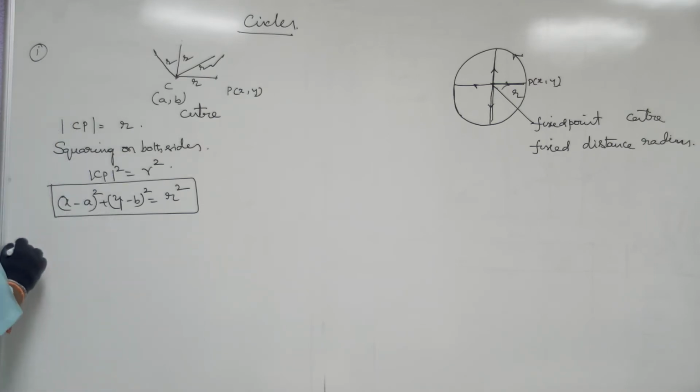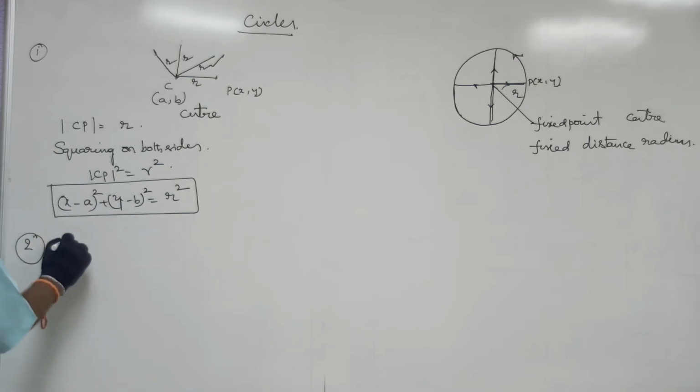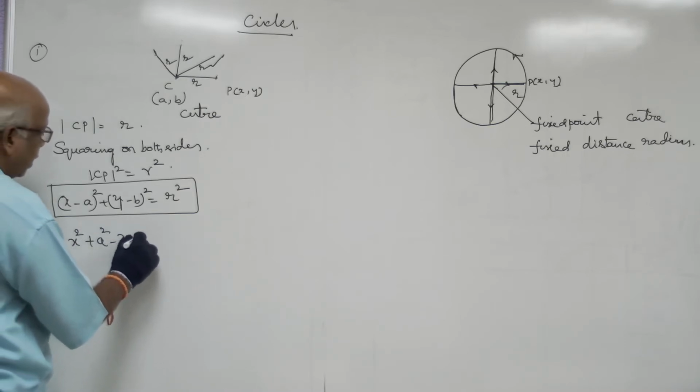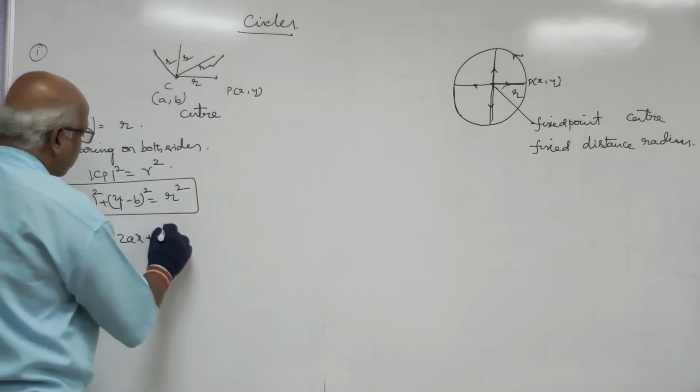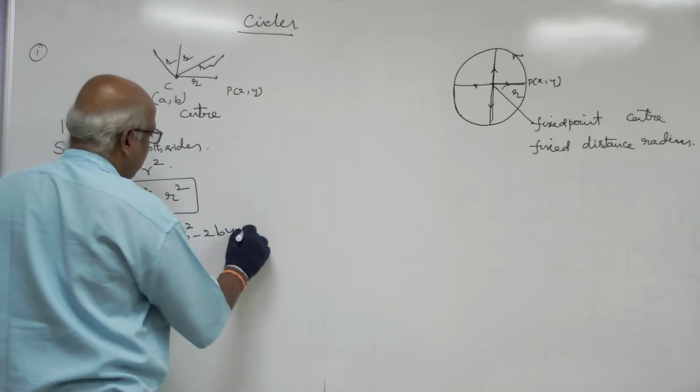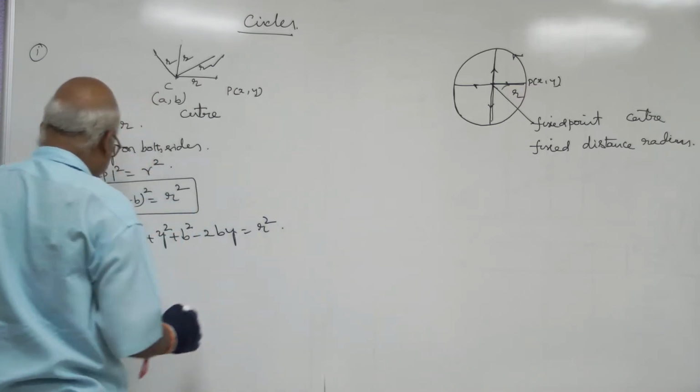Then, as a second case, let us expand this one. Using the (a minus b) whole square formula: x square plus a square minus 2ax, y square plus b square minus 2by equals r square.